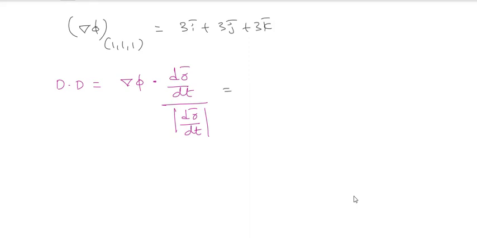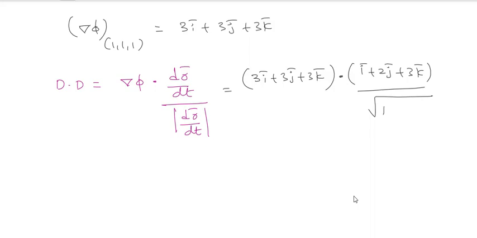So this is your a. What is my del phi here? Del phi will be 3i bar plus 3j bar plus 3k bar, dot product in between. What is your dr bar by dt? Dr bar by dt is i bar plus 2j bar plus 3k bar divided by root of 1 square plus 2 square plus 3 square.